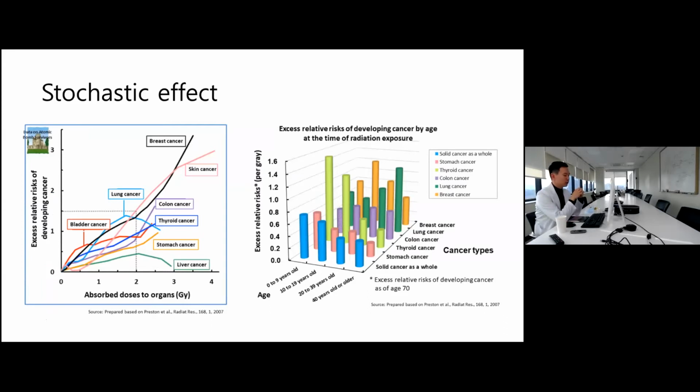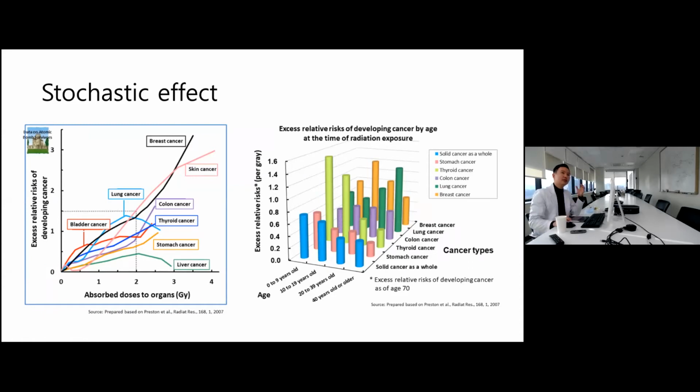And using this kind of relative risk, we can see how those are relevant to cancers. This figure shows how cancer risk has increased depending on where in the body was exposed to how much dose of radiation.